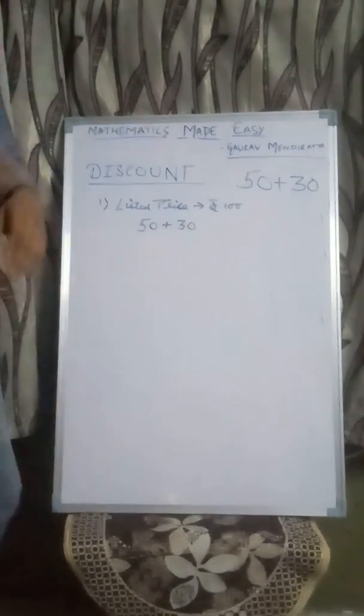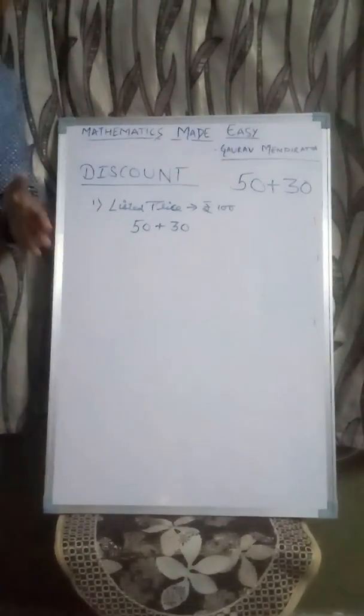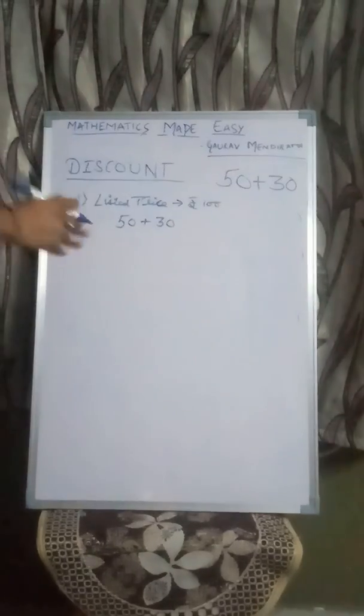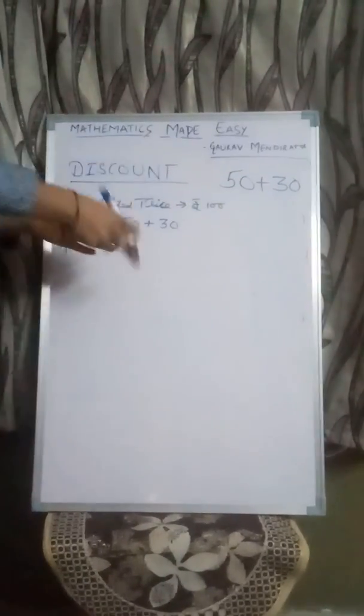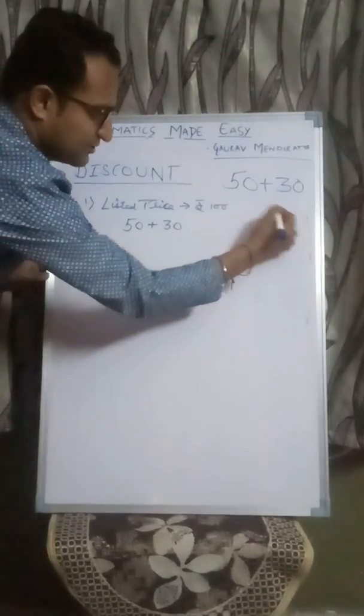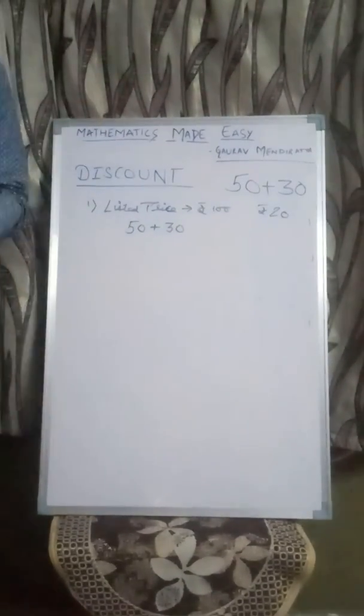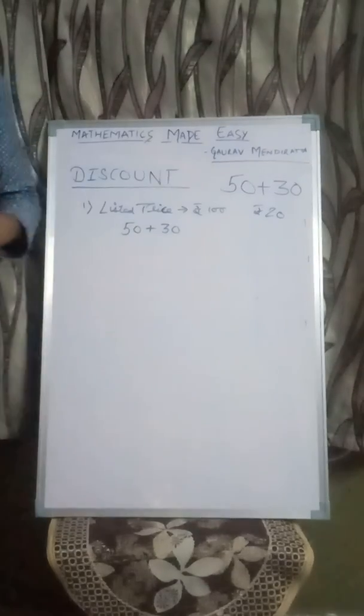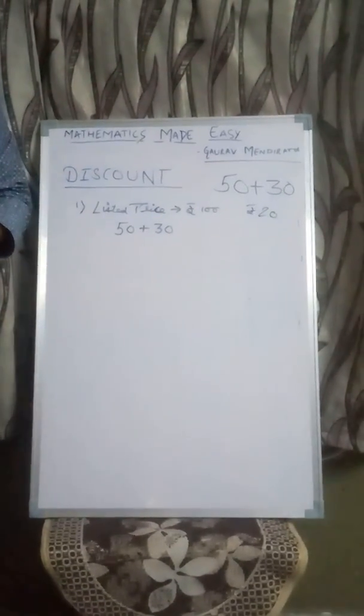So normally the mistake that students often make is that they just add the discount and tell me the answer is 20 rupees. 80% is the discount and the discount is 20 and the resultant selling price would be 20. Actually this is not the case.